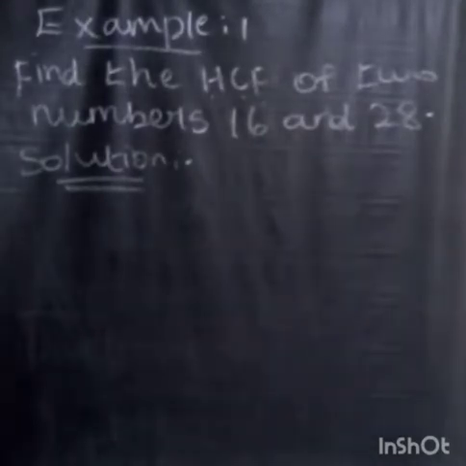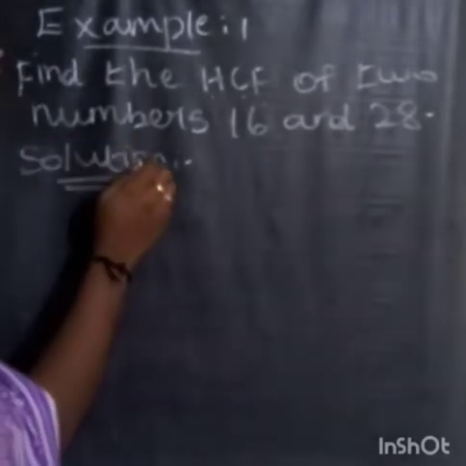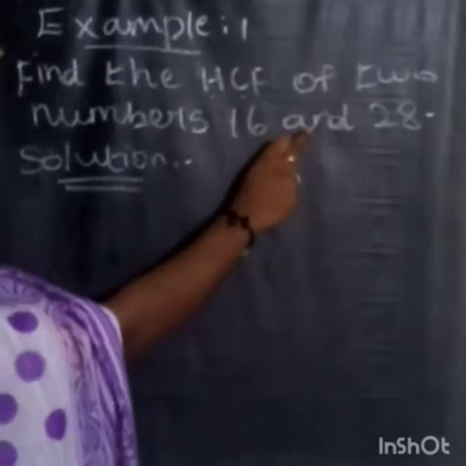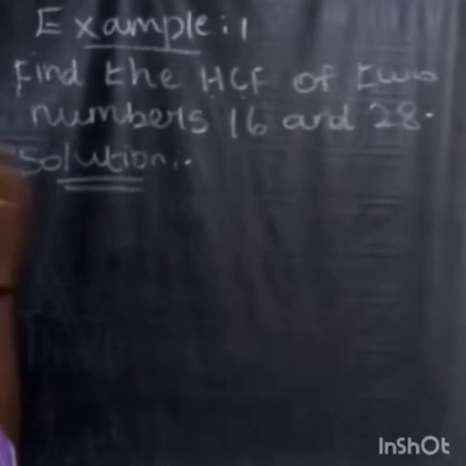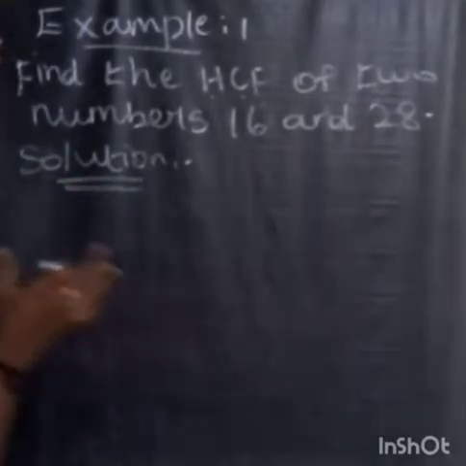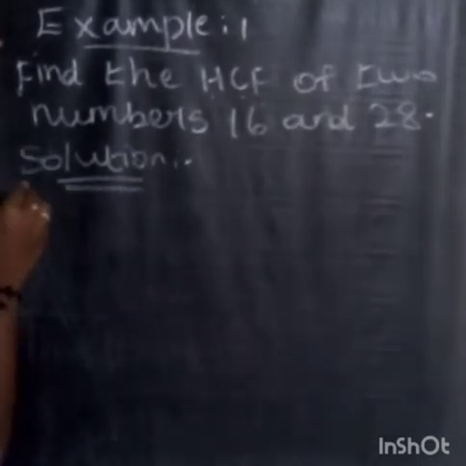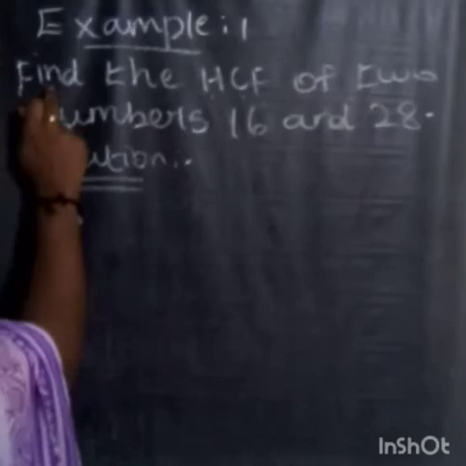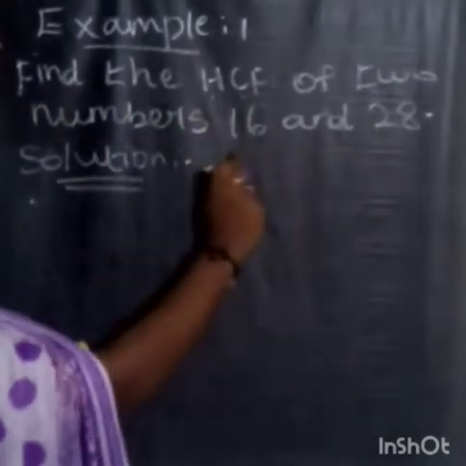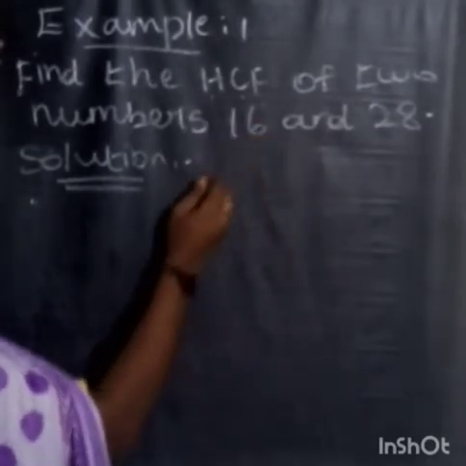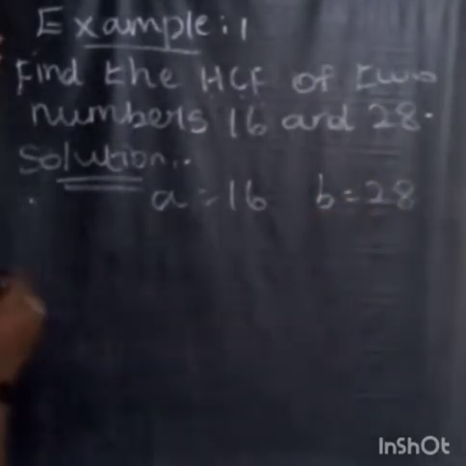The HCF of A and B, where A is greater than B, is the same as the HCF of A minus B and B. So in this problem, the two given numbers are A equal to 16 and B equal to 28.